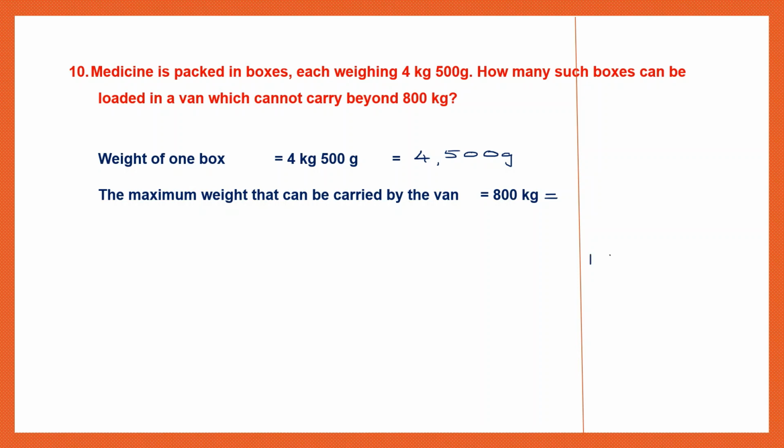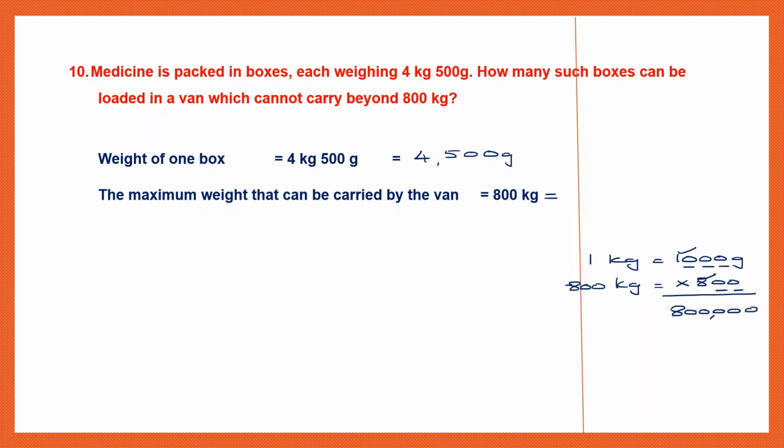So 1 kilogram is equal to 1000 grams. So 800 kilograms will be 1000 into 800. So let's multiply it here itself. Now we just have to multiply 1 into 8. 1 8 is 8. Now simply count all the other zeros. 1, 2, 3, 4, 5.